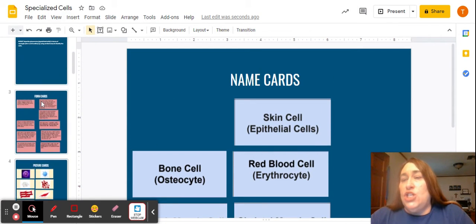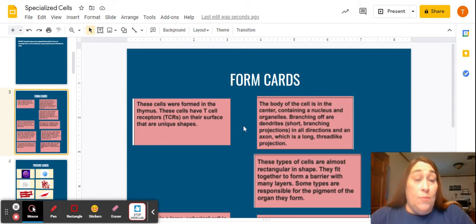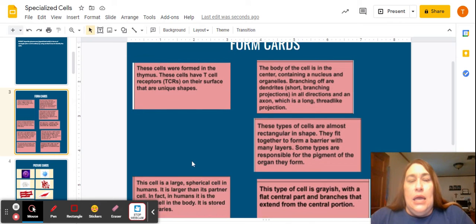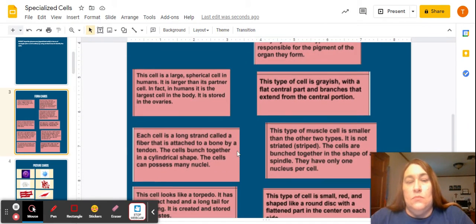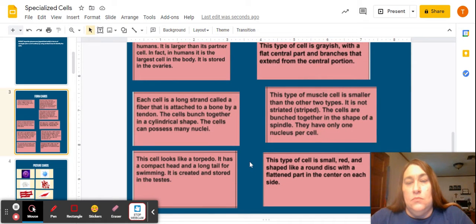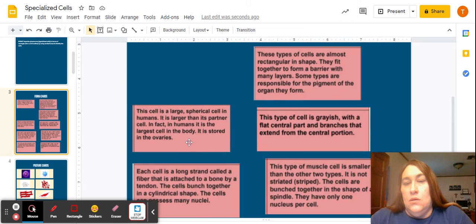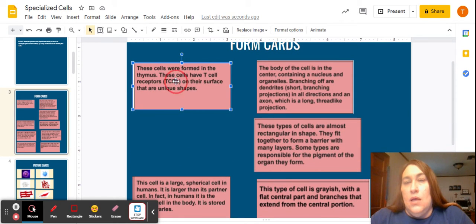I go back up to the function cards. Oh, I'm sorry, the form cards. Always start with a form card. And I'm going to pick this card right here.